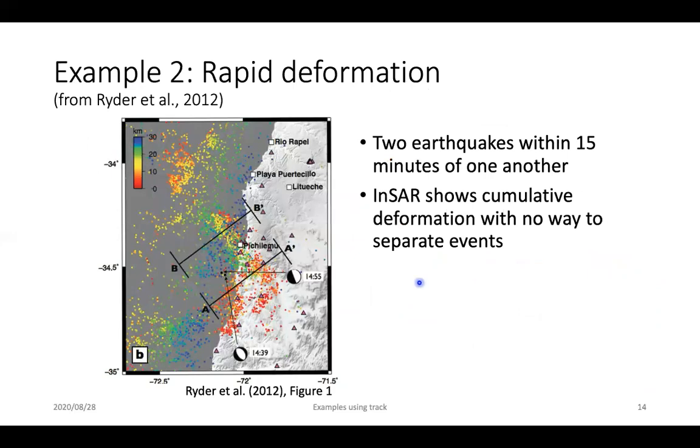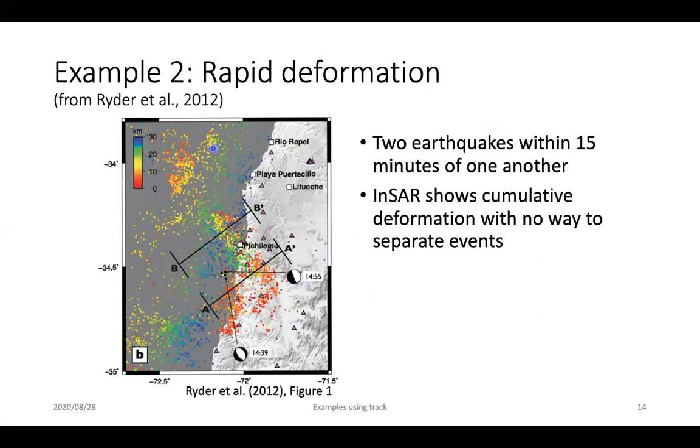Our second example is an example of rapid deformation. So the context here is that in South America, we had a major subduction zone earthquake, followed by 2 aftershocks, which were normal faulting earthquakes, about 15 minutes apart.